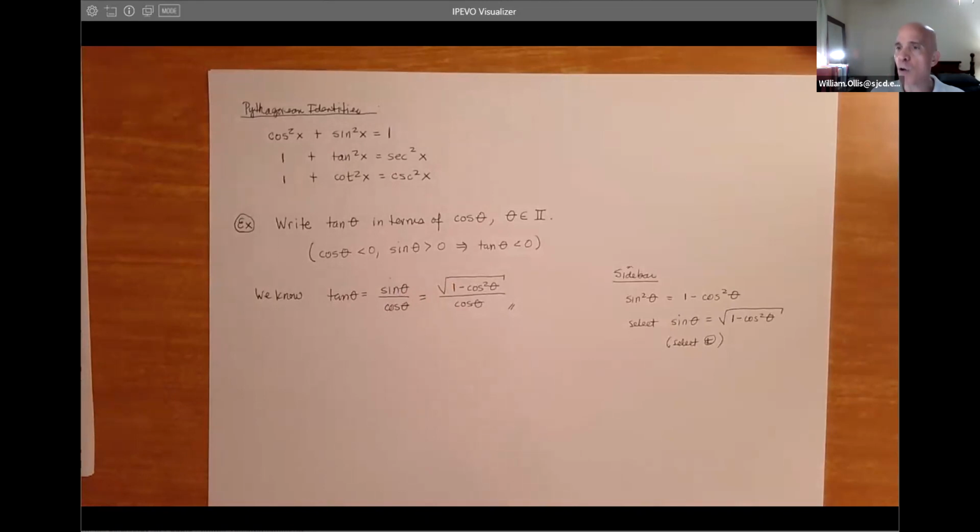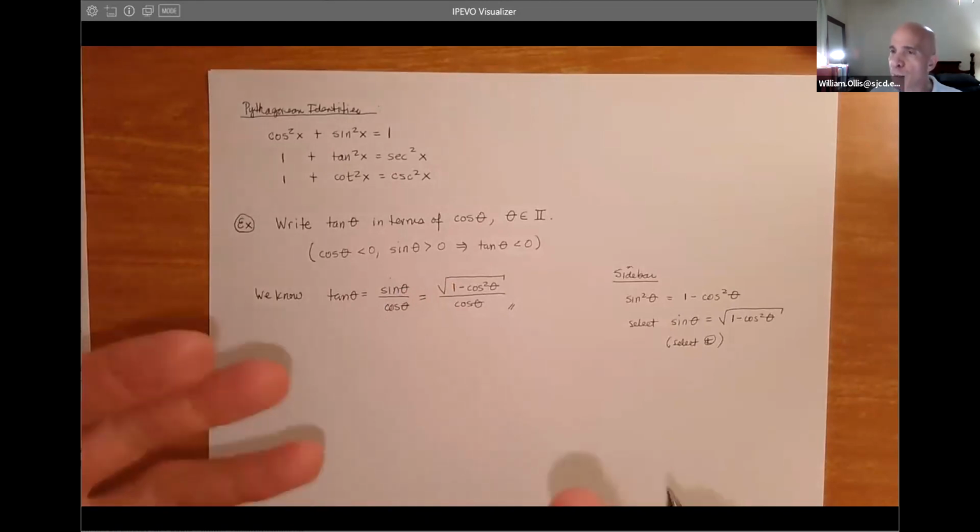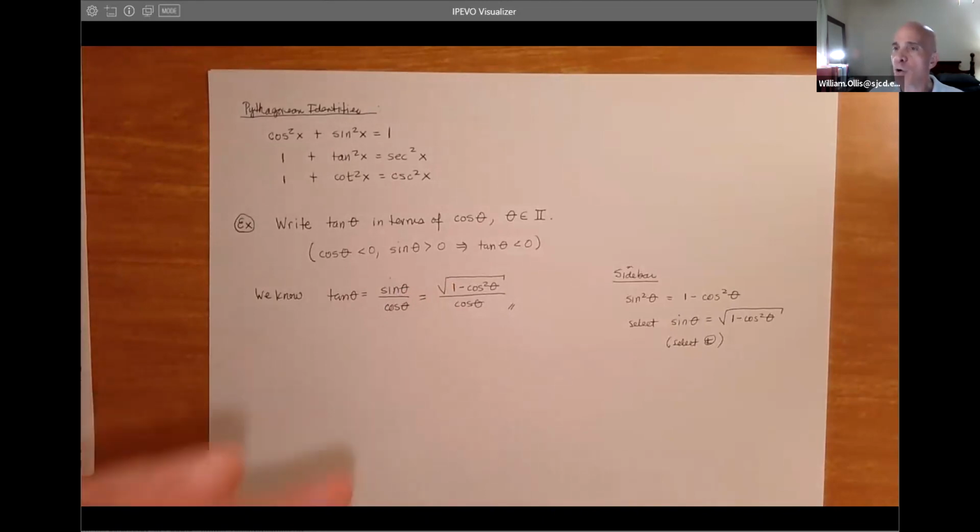Some of you think that the only way something can be negative is if it has a negative sign by it. That's clearly false, okay? If you're working with variables, it depends on what the variable assumes. X can assume positive and negative values in this type of equation, or theta can. So you can't just look at this and say, oh, there's got to be a negative there.